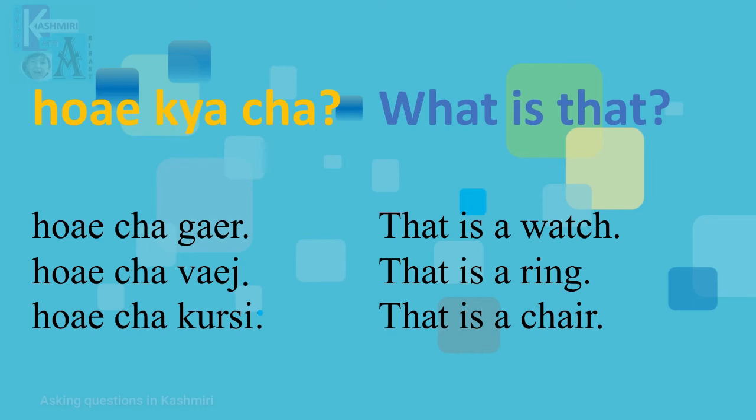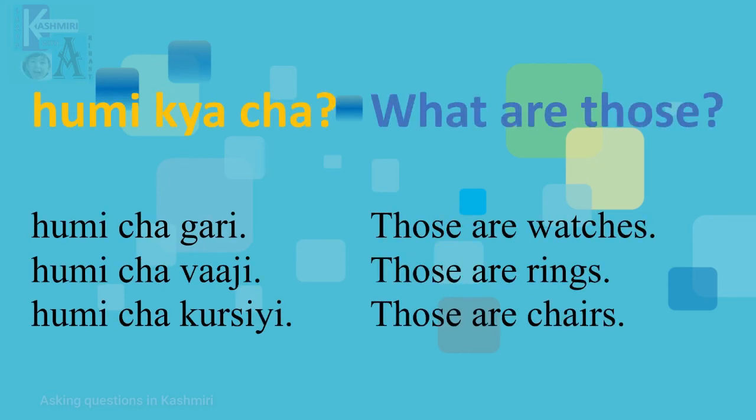Watch, ring and chair are feminine nouns in Kashmiri. In this case, since we are talking about the question what is that, we are using the word ha, which means we are asking about a thing that is far away from us.